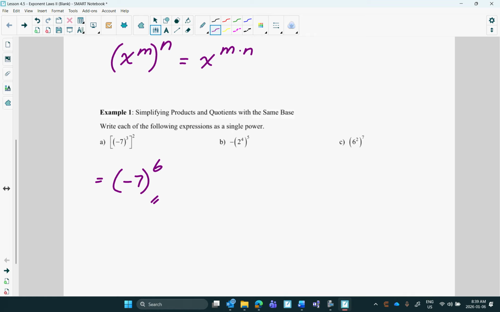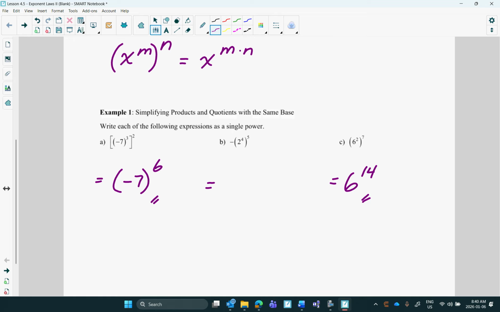I'm actually going to skip ahead to C and then we'll do B. What would this one be? 6 to the power of 14. Base stays the same, multiply the exponents. This one, notice the negative is not inside.